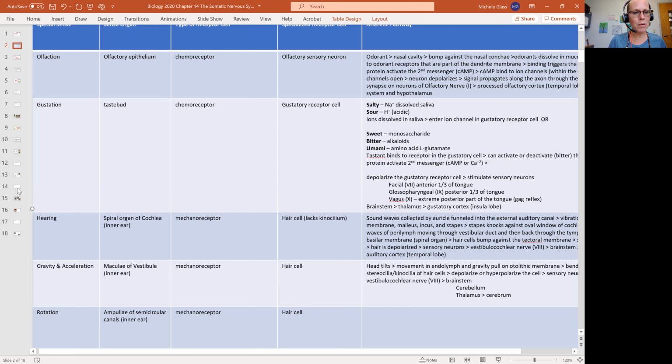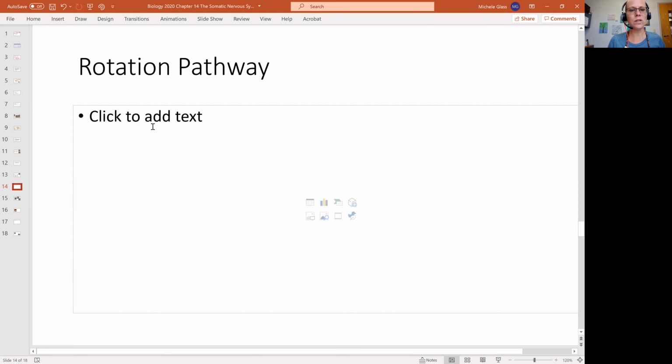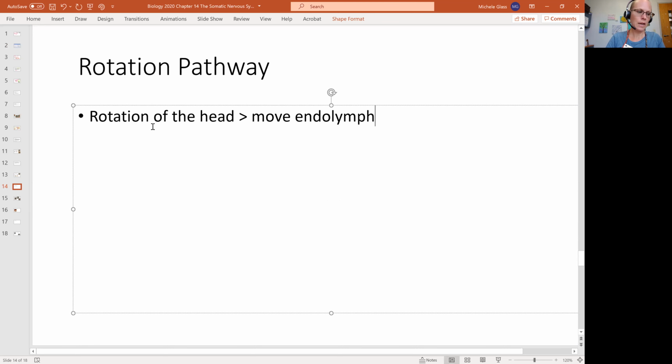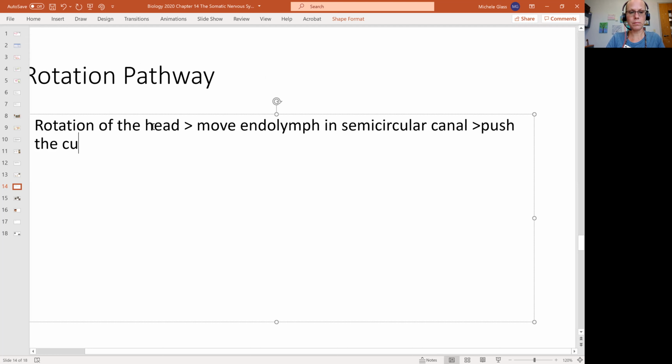Let's go ahead and map out for ourselves the rotation pathway. So in this case, I would just start with the rotation of the head is going to move endolymph in the semicircular canal. And then this is going to push the cupula.